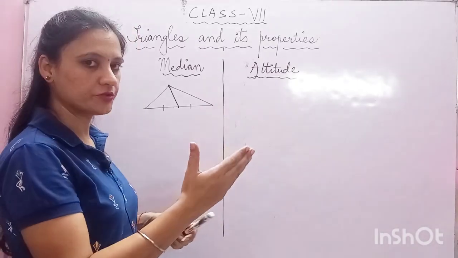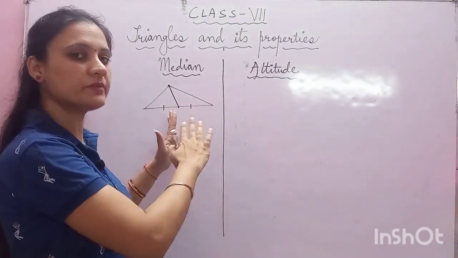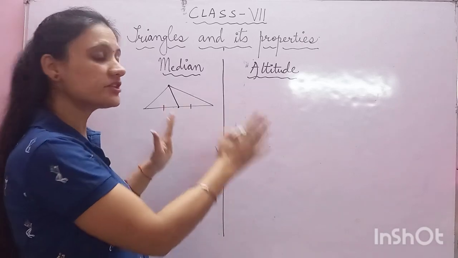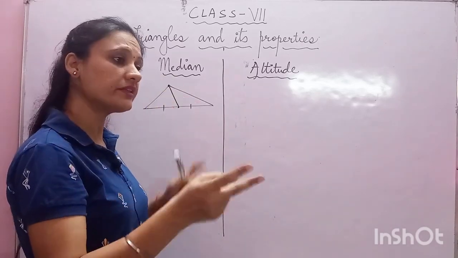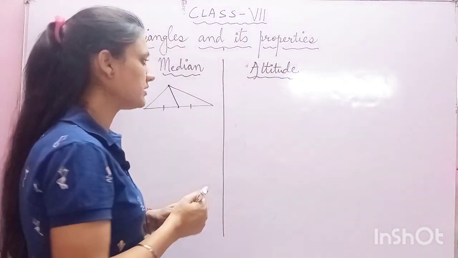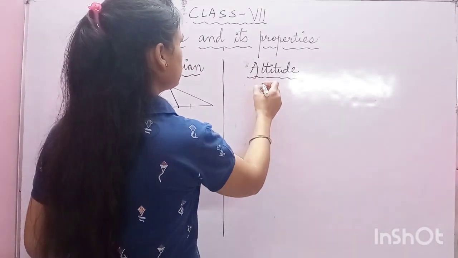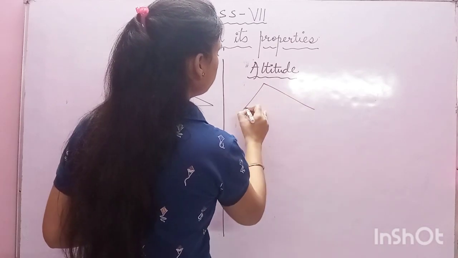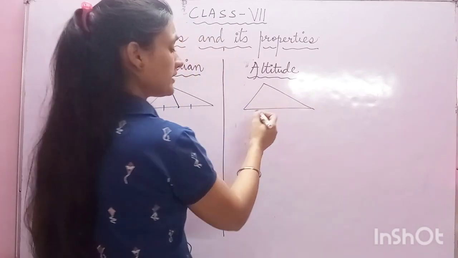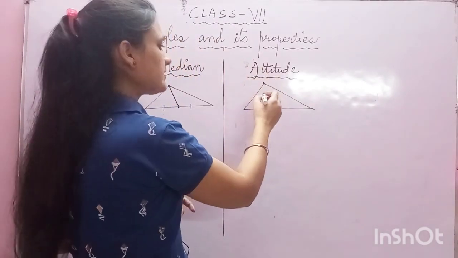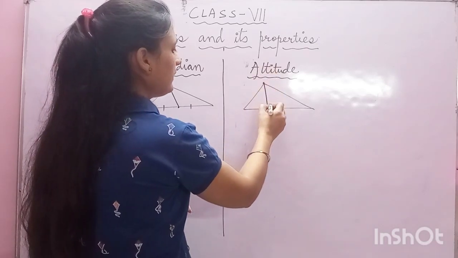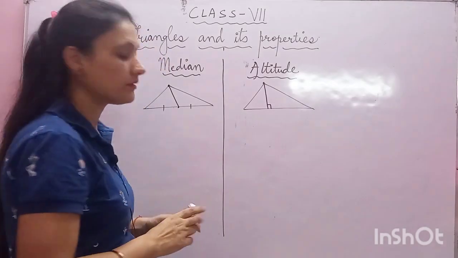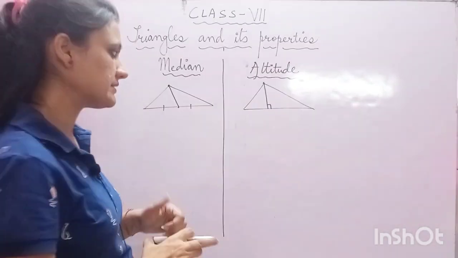Next is altitude. Why I am explaining you side by side? Because you'll come to understand the difference between the two. And at one point you'll understand that they both are same also, right? Now next is the altitude. Altitude is a line segment again joining the vertex and the opposite side of the vertex and making 90 degree angle on the opposite line segment, right?